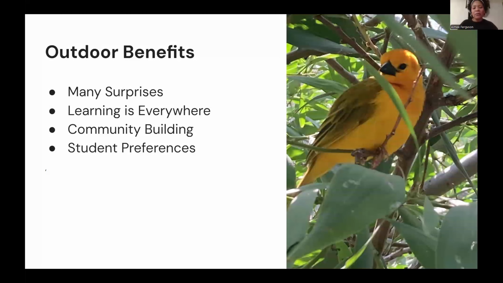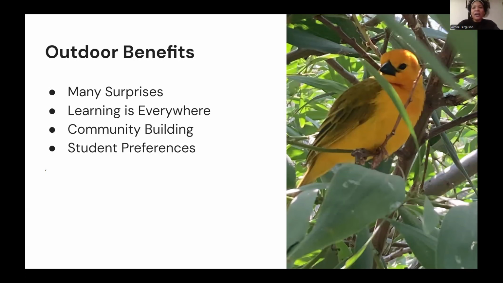Also, community building. You start to learn about people. Like I learned about my students, what they liked. They start to openly talk to me about subjects that I never heard them talk about. Like, "With my family, this is where we typically sit. This is where we lay down.